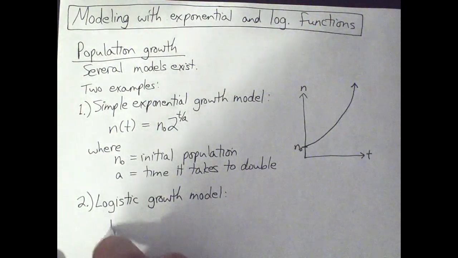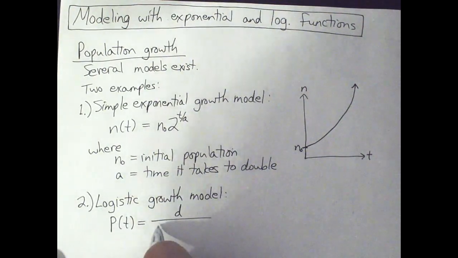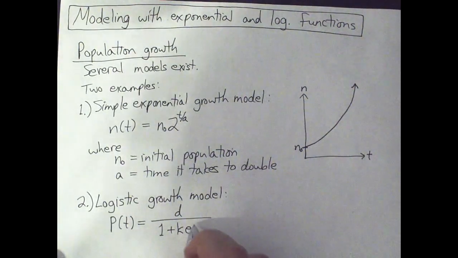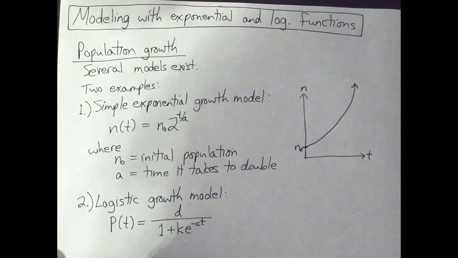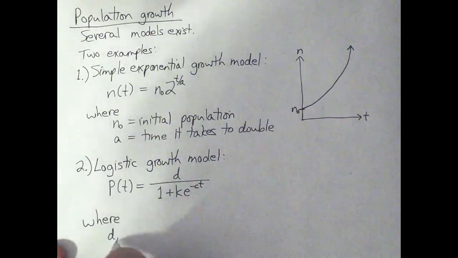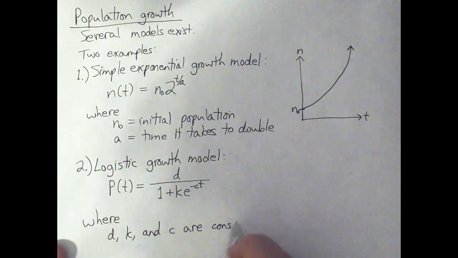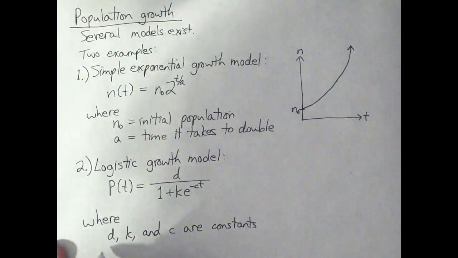And it says P of t equals d over 1 plus k e to the negative ct, where d, k, and c are constants specific to the problem.